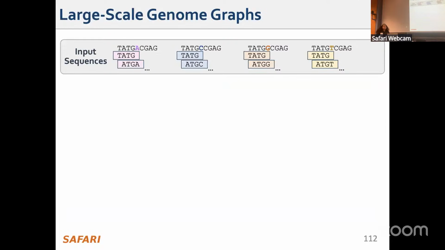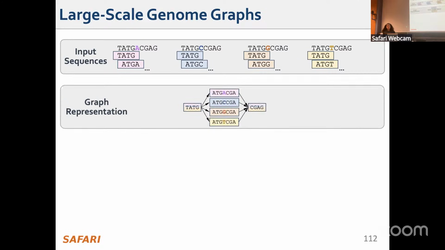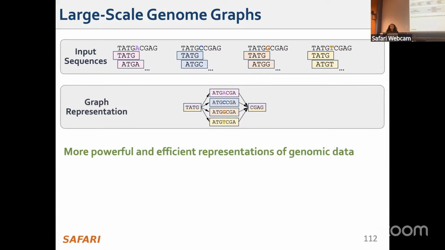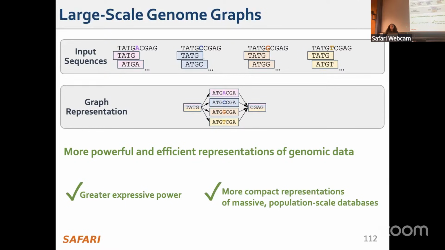So we talked about graphs early on in the lecture as well, but let me remind you a little bit. If you have different input sequences, a graph representation of it can provide a really powerful and efficient representation of underlying genomic data because it has greater expressive power and it is a more compact representation, which becomes very important in massive population-scale databases.